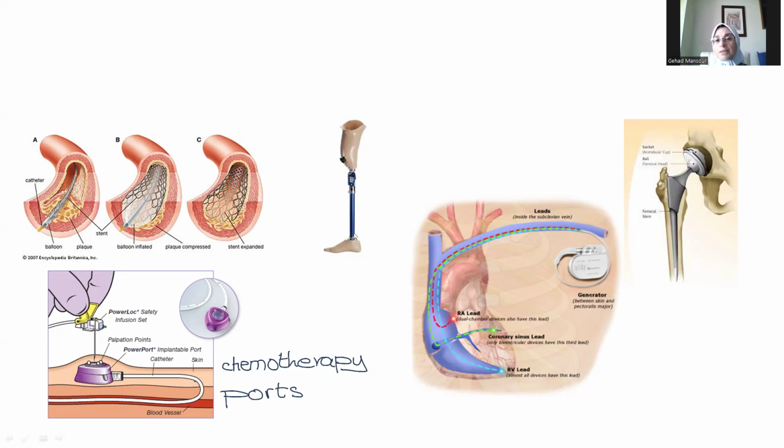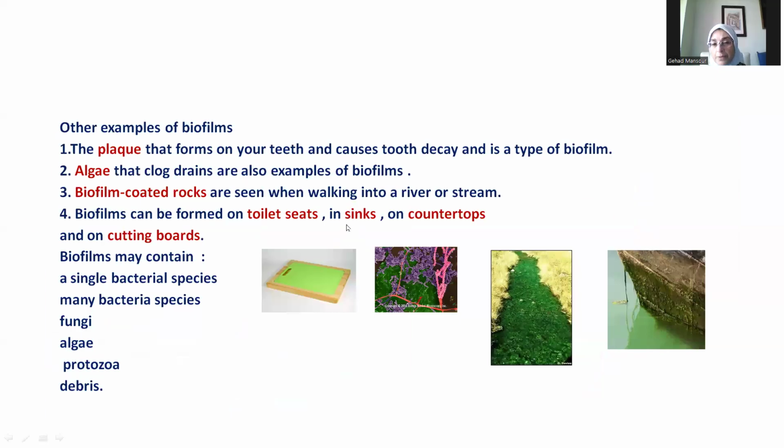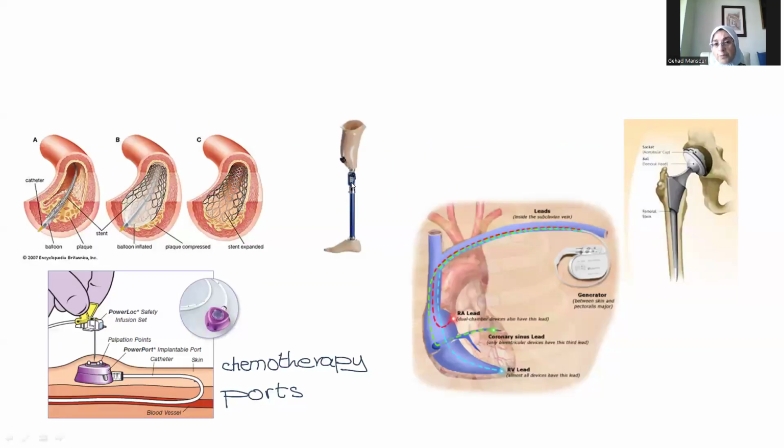Here, of course, you can see a prosthetic limb, and that prosthetic limb has been applied in order to support the limb and replace or make up for the part that has been amputated, for example, after gangrene. Here you can see another prosthesis, a prosthetic hip joint.